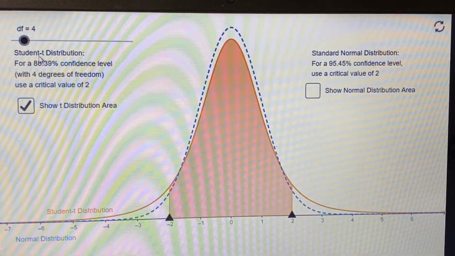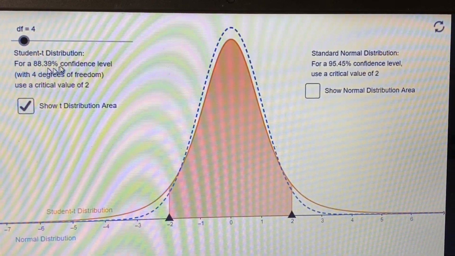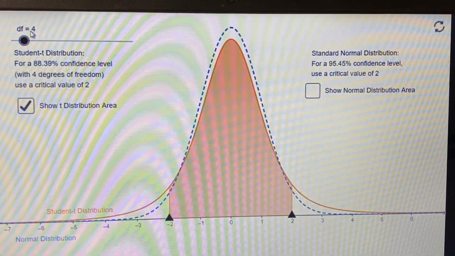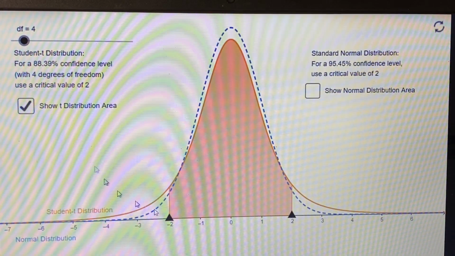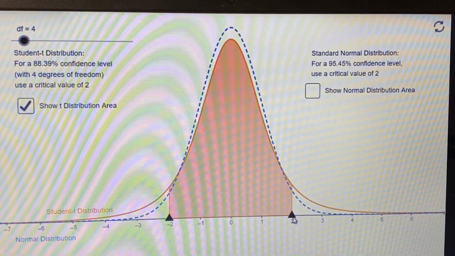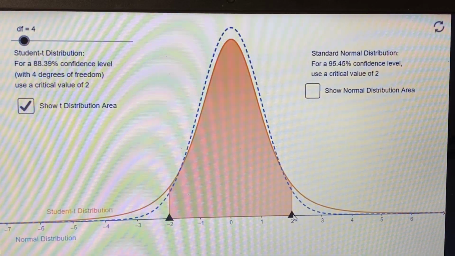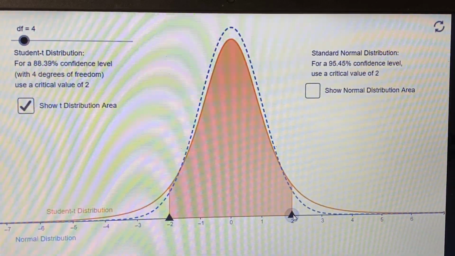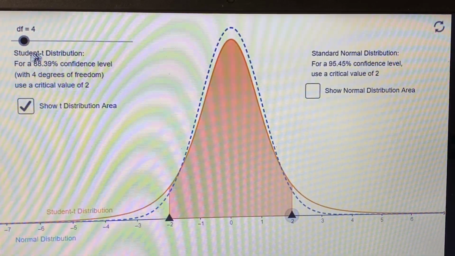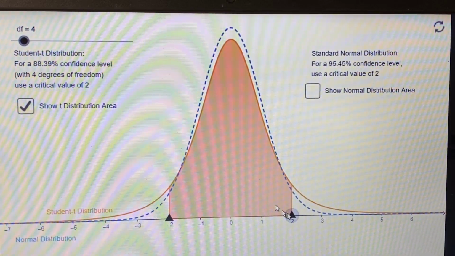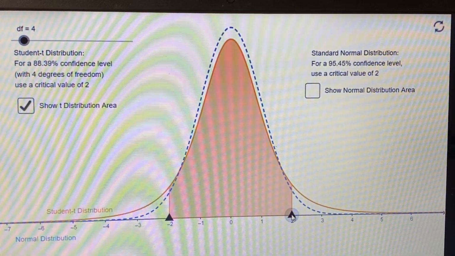So if I wanted a 95% confidence interval for a sample of size 5, sample means, I have to go out farther. So watch what happens when I move my t-score. I'm going to be looking for 95% over here. So I'm going to move this.